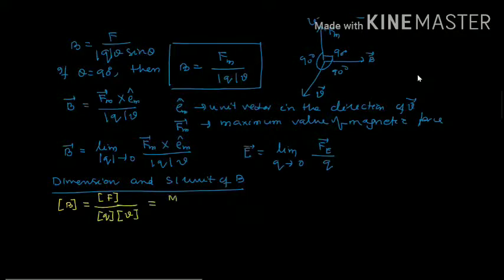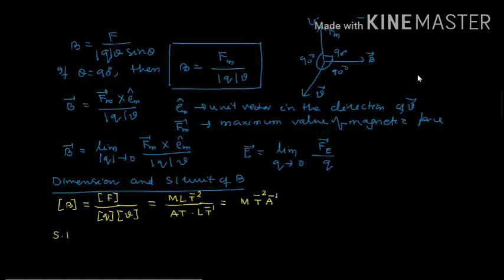Dimension of force is M L T to the power minus 2, dimension of charge is A T, and dimension of velocity is L T to the power minus 1. So this is equal to M T to the power minus 2 A to the power minus 1. So this is the dimensional formula of magnetic field.